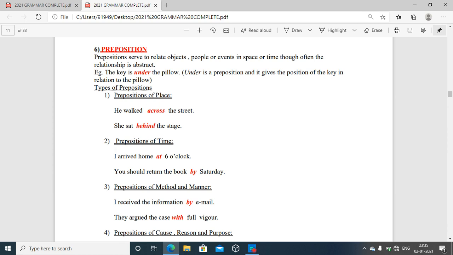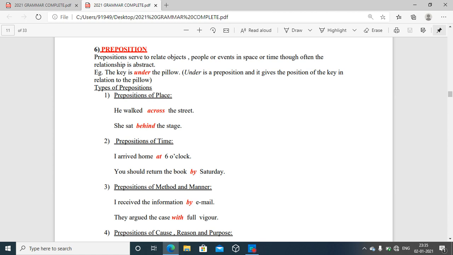Then let us see the second type, that is, prepositions of time. I arrived home at 6 o'clock. At 6 o'clock, 7 o'clock, 1 o'clock, whichever it may be, but arrived home at 6 o'clock. So usually, if you refer to time, most often at and by are commonly used as the preposition.